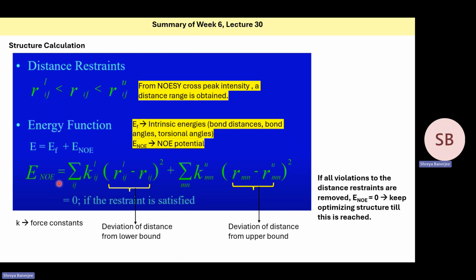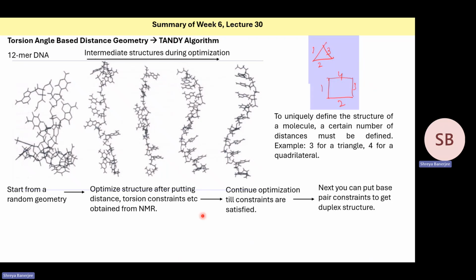It is only when all the constraints are satisfied that ENOE becomes 0. So from one structure, you get another structure. You further optimize this structure, and further optimize again. So the optimization continues in an iterative process till all the constraints are satisfied.